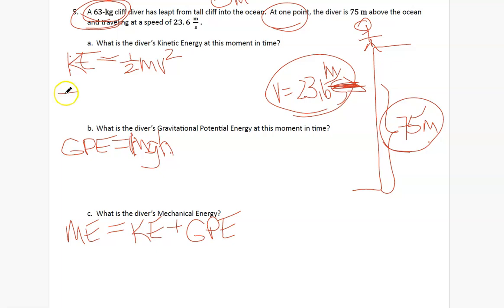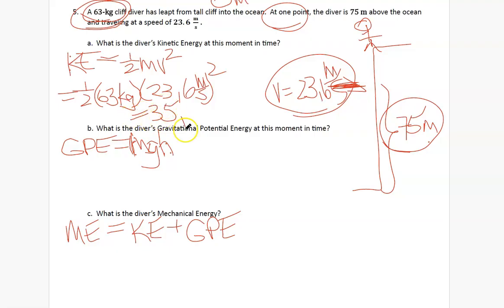Let's plug these in. Kinetic energy, 1/2 times 63 kilograms times the speed squared, 23.6 meters per second, quantity squared. We plug this into a calculator and we get 35,088 joules. We now look at the gravitational potential energy.